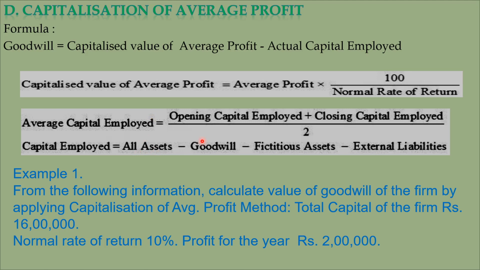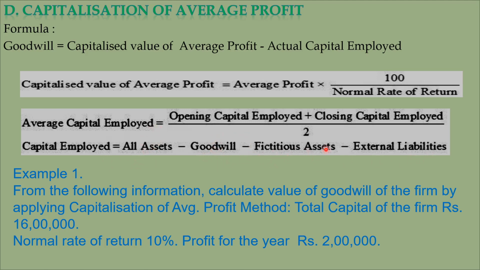We know from class 11, from the fundamental accounting equation, that A equals L plus C. A equals total assets, L equals external liabilities, C equals capital. If you want to find C, that is capital, then it is assets minus external liabilities. So capital employed equals total assets minus external liabilities.